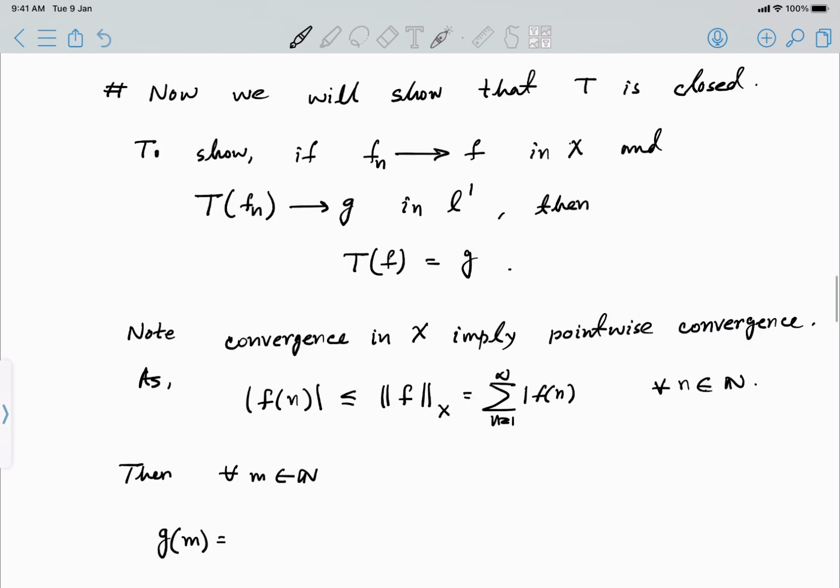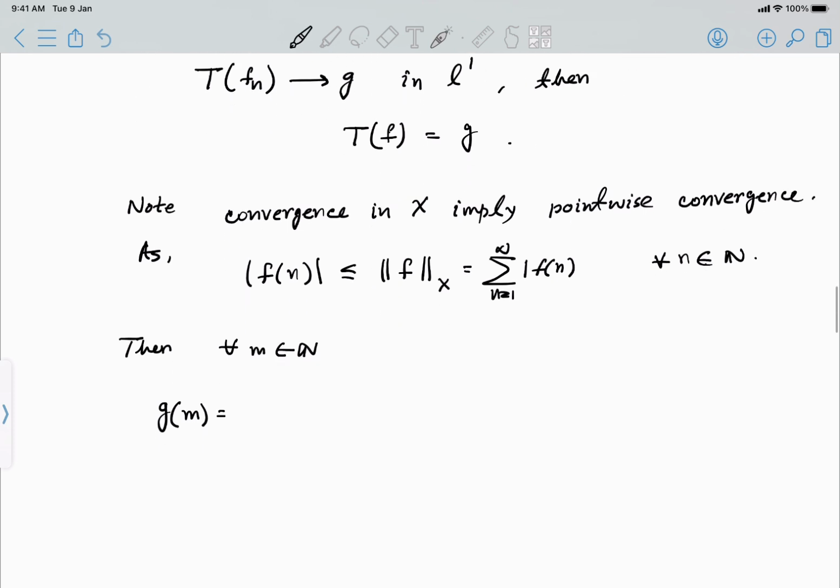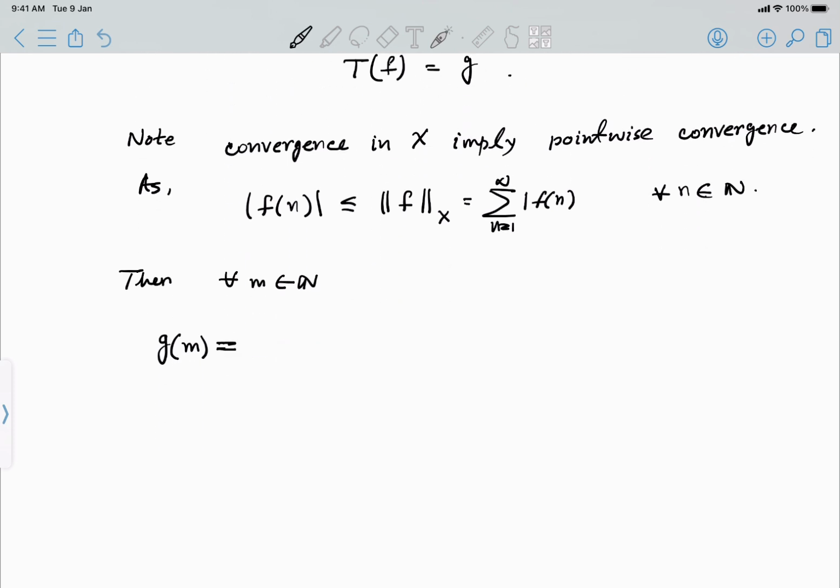So G is the L1 limit of T of Fn. So this is the limit as n tends to infinity of T of Fn. So this is convergence in L1, right? L1 limit.